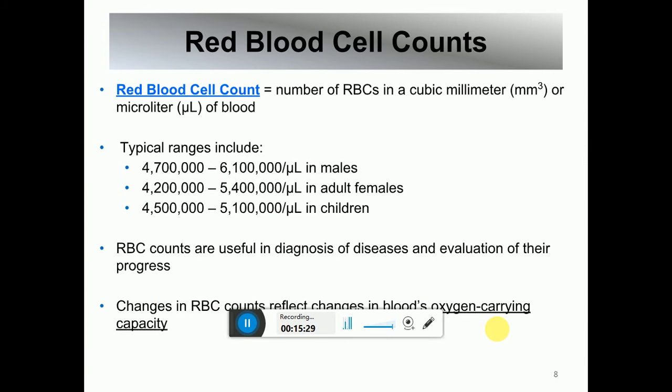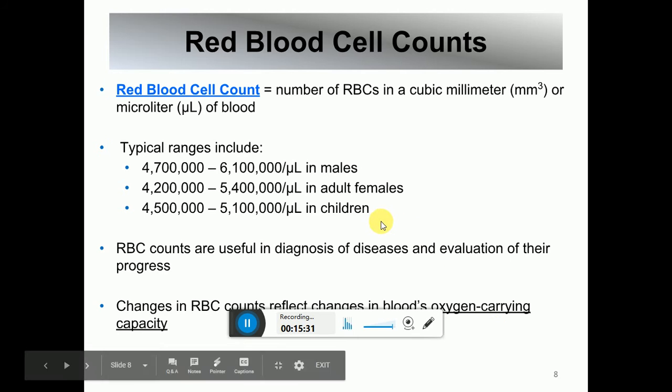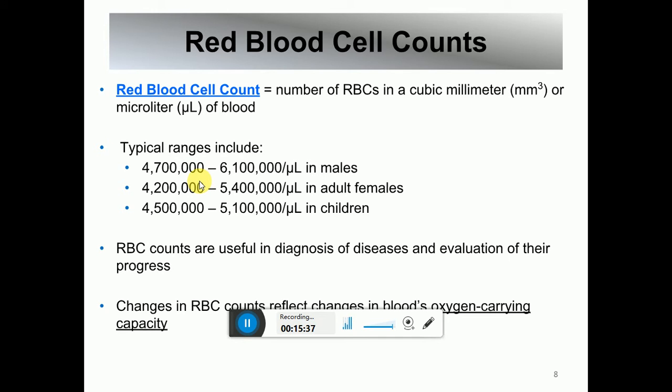For the red blood cell count, these are your ranges, so on average it's about 5 million, depending again on gender and age of the person. Males tend to have a higher count, while adult females tend to be a little bit lower because of menstruation and the loss of red blood cells during menses.